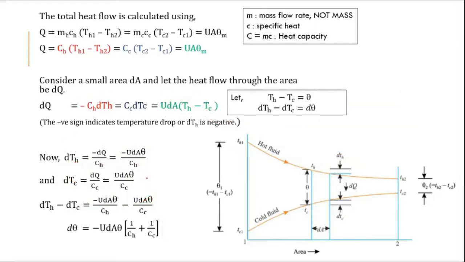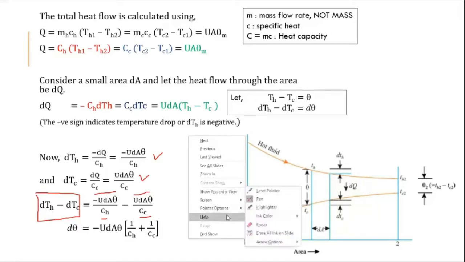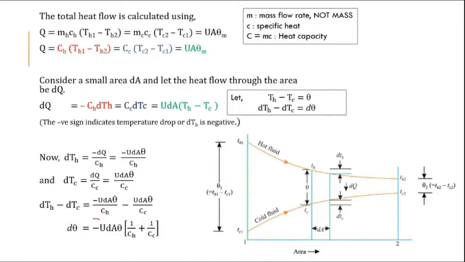Once we find the values of dT_h and dT_c, we subtract them and try to find the value of dT_h minus dT_c. So dT_h minus dT_c will be equal to first term minus second term, which is minus U dA theta divided by C_h, minus of plus U dA theta divided by C_c. From these two terms, we can take minus U dA theta common.